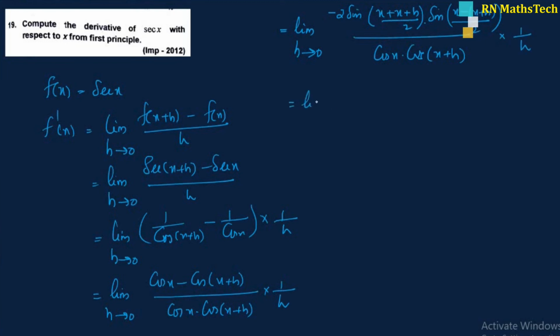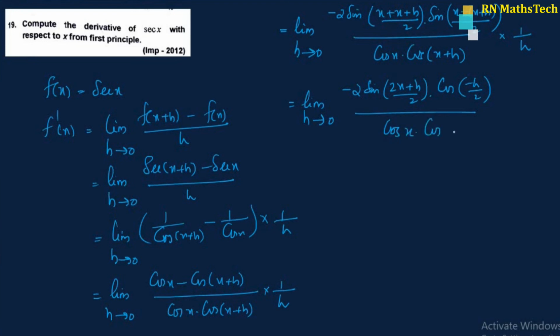Okay, equal to limit h tends to 0 minus 2 sine 2x plus h by 2 into sine of minus h by 2 by cos x into cos of x plus h. Okay, see, here the function is not cos, it is the sine function.